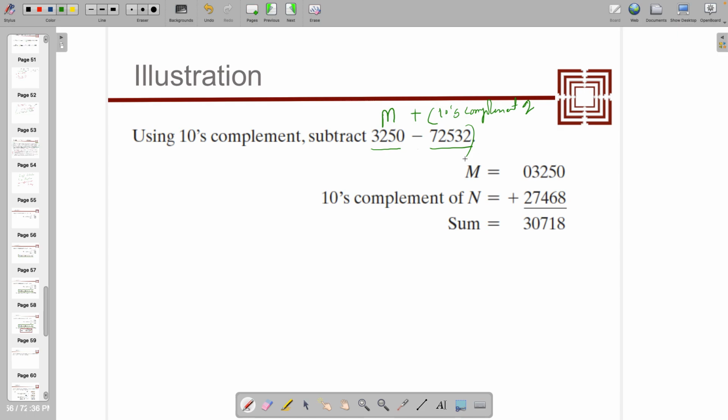Add both of them and look at whether we got the carry or not. If you get the carry, keep the minus sign. If no carry, no problem.